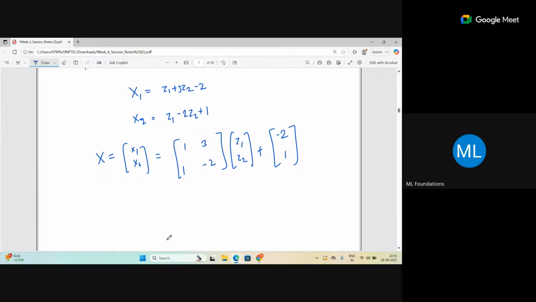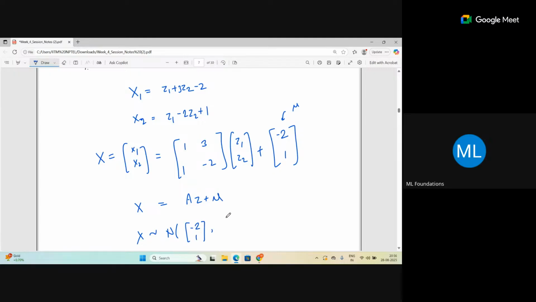Yes. So x is equal to, let's say, Az plus mu. If I know the z1, z2 distribution, then x will be normally distributed with mean mu, which is minus 2 and 1.